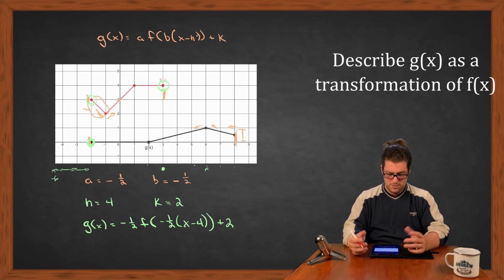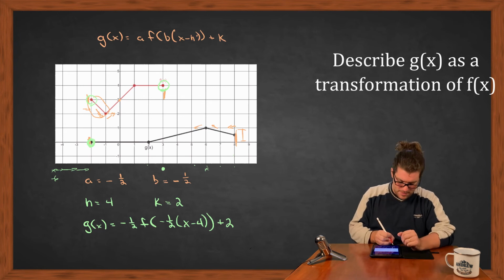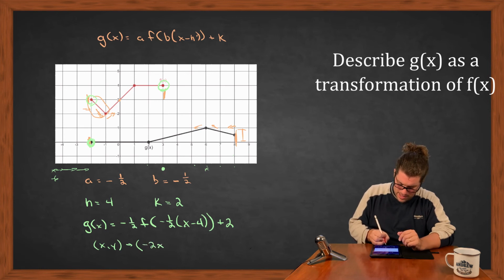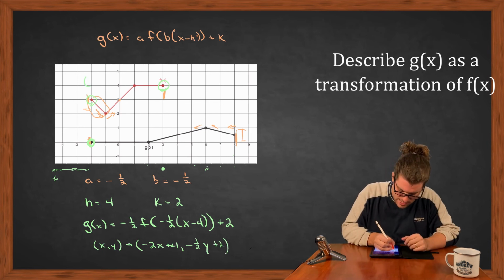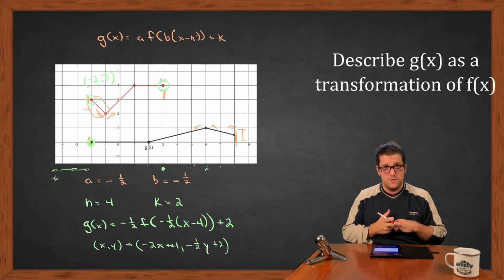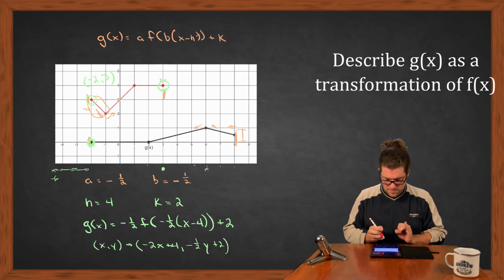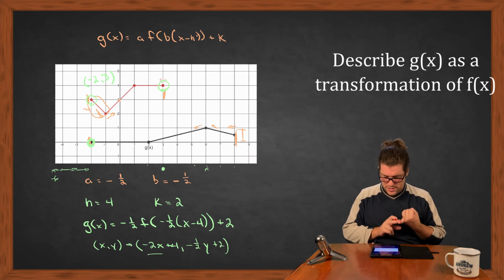Actually, I wasn't going to do this originally, but I think I'm going to use a mapping notation. So x, y maps onto 1 over b, which would be -2x plus h, comma, -1/2 y plus k. If I choose this point here, which is at -2, 3, then my -2 value for the x is going to be multiplied by -2 in my mapping notation, so it'd be +4, plus 4 would be 8.